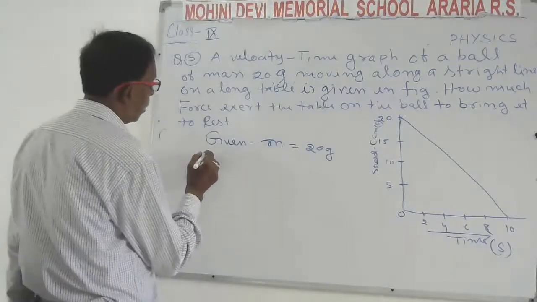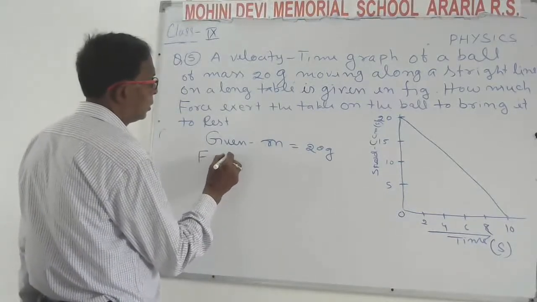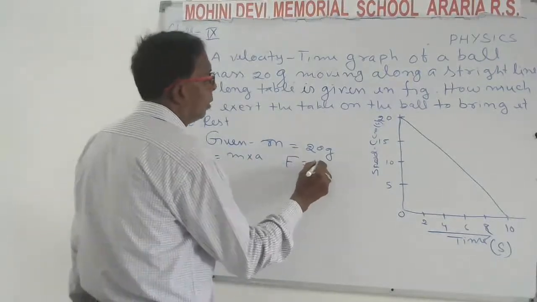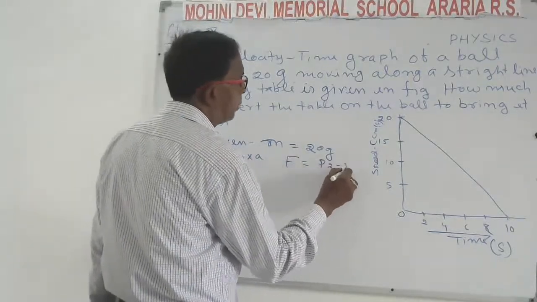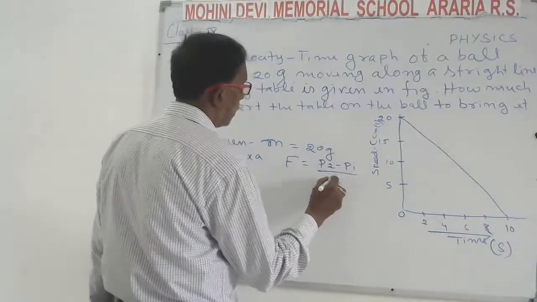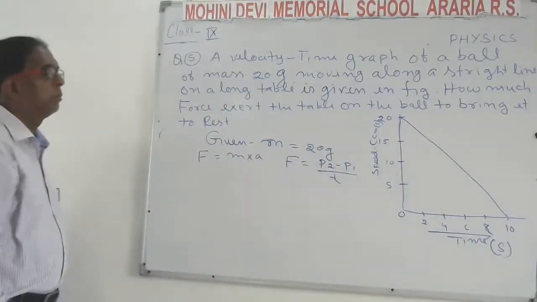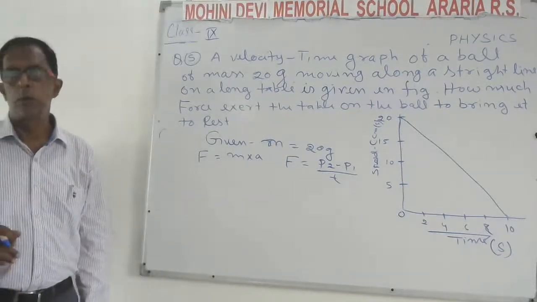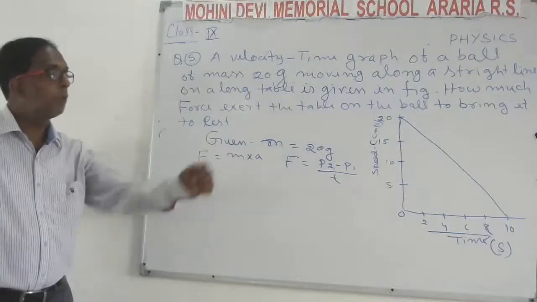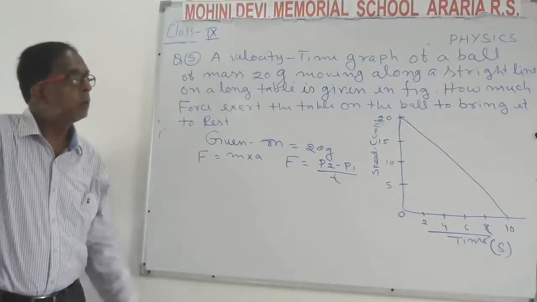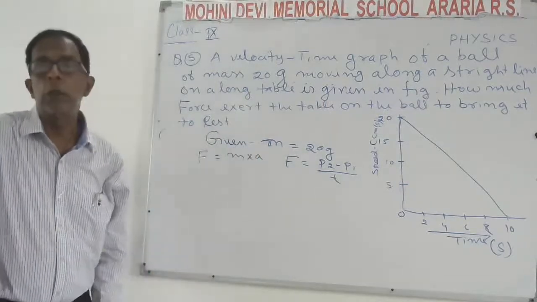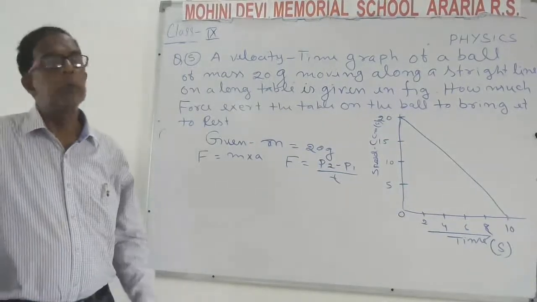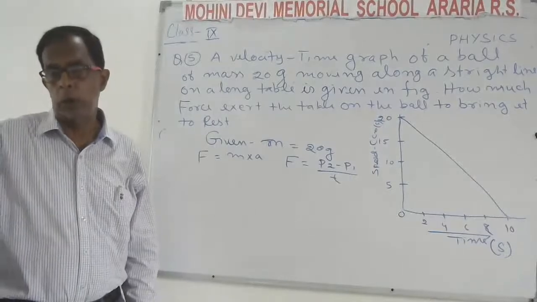You know two formulas for force. Force is equal to m into a in this chapter, and force is equal to P2 minus P1 by t. Here only mass is known. Acceleration is unknown. But a graph is helping you, which gives information about the acceleration. You know the slope of the velocity time graph gives the magnitude of acceleration.